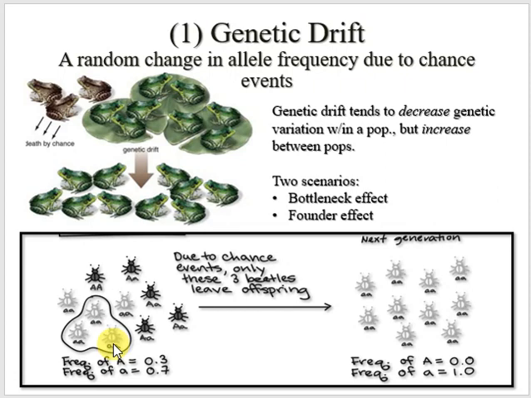Random events, random reduction in population, random individuals left to form that newly formed population that's now reduced. So again, these individuals that go on to survive, they're not surviving because they are better suited than the rest of the individuals. They are surviving merely by chance or by luck.